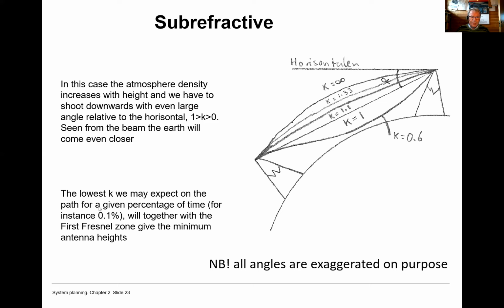The lowest k that we may expect on the path for a given percentage of the time, for instance 0.1%, will, together with the first Fresnel zone, give the minimum antenna heights. So if we had k 0.6 in 0.1% of the time, we would have to have antenna heights in order to get this free from the terrain plus the Fresnel zone, which we will come back to.